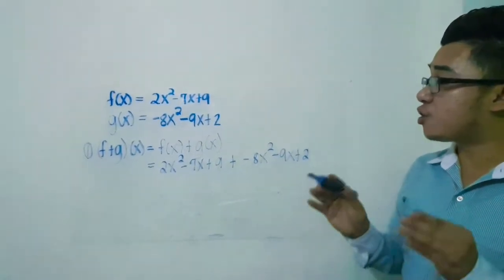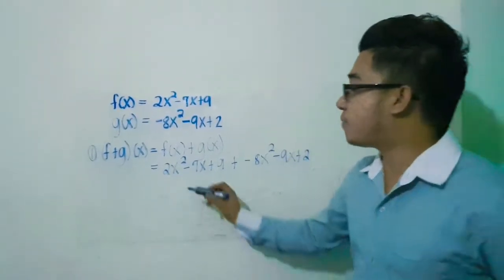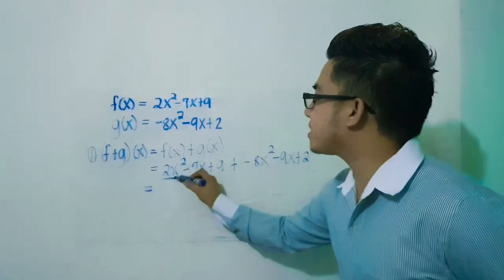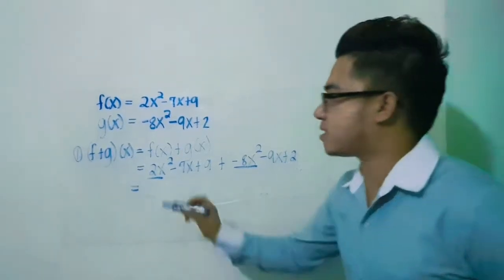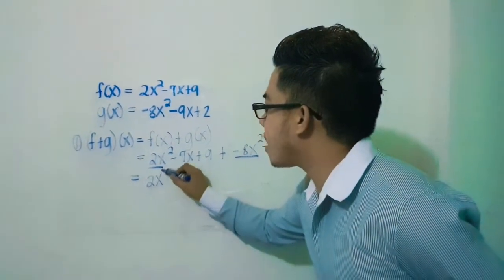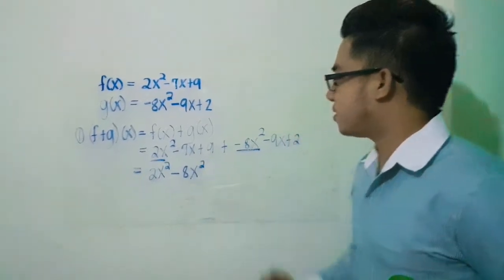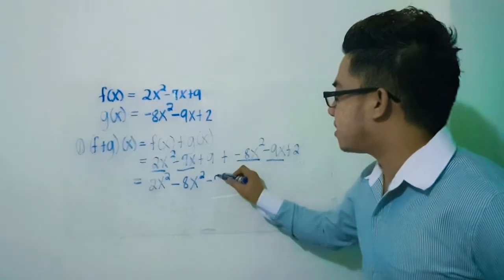As stated in the rules of adding and subtracting polynomials, the first process is to collect like terms. 2x squared and negative 8x squared are like terms. So we have 2x squared minus 8x squared. Negative 7x and negative 9x.